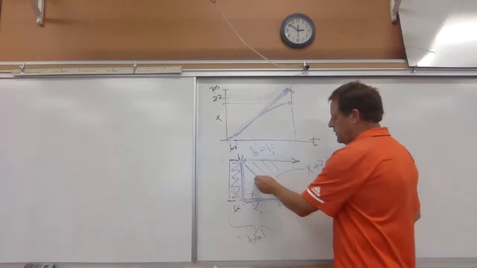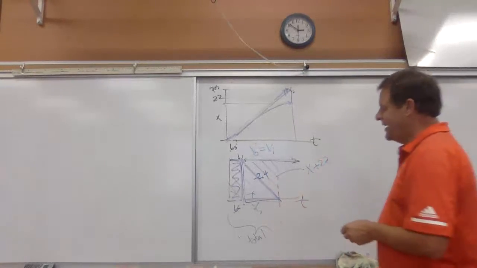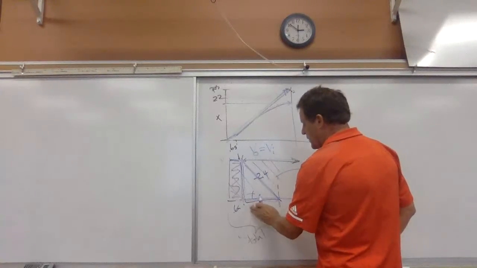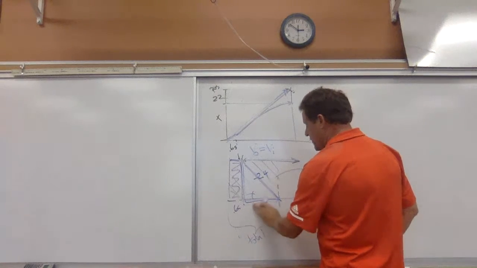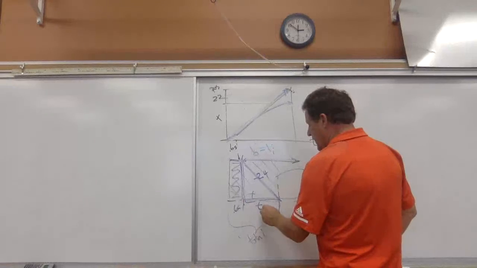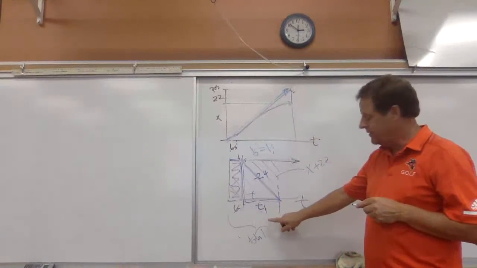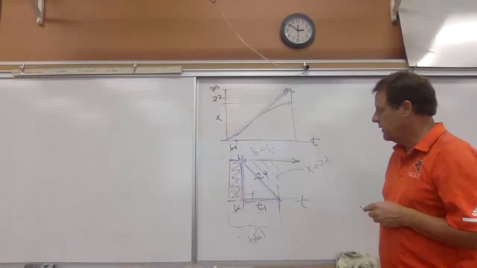And this slope right here is going to be negative 2.4. I'm going to call this time t1. That is not the total time.